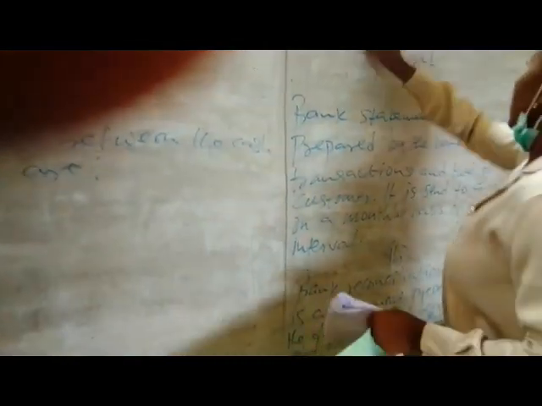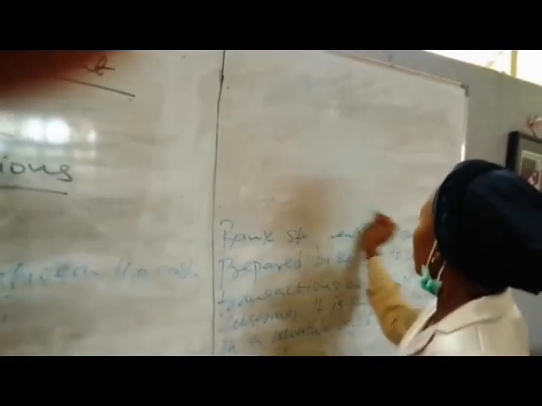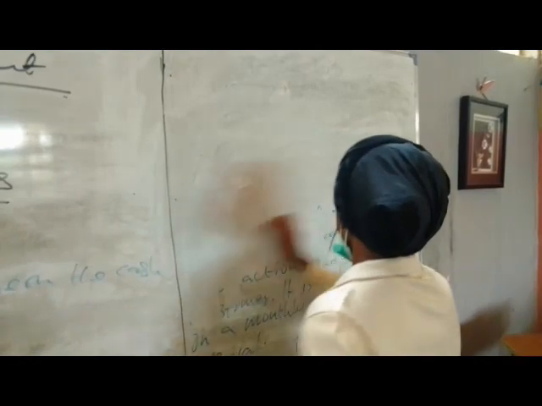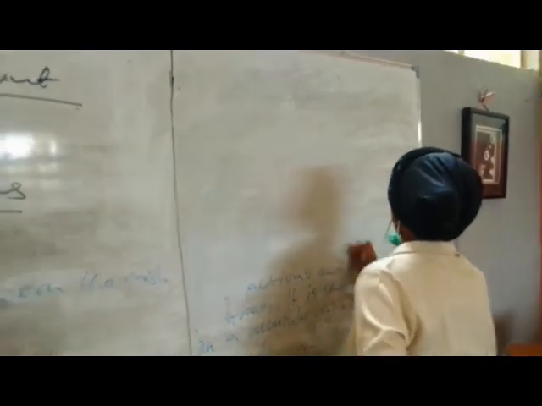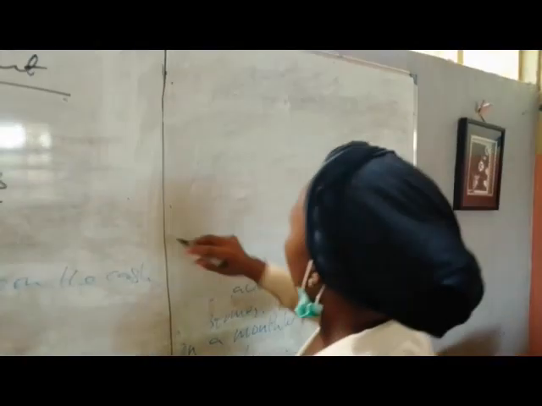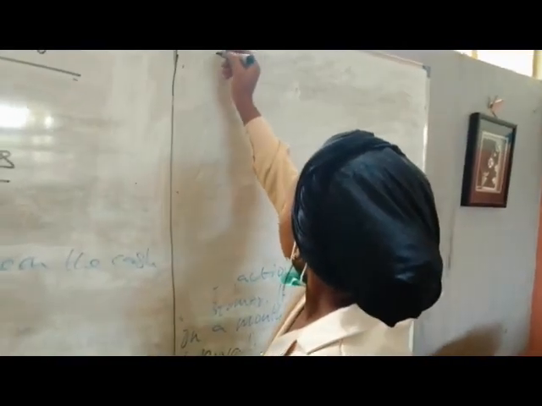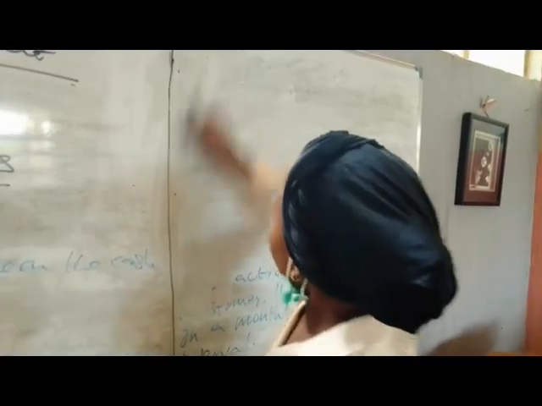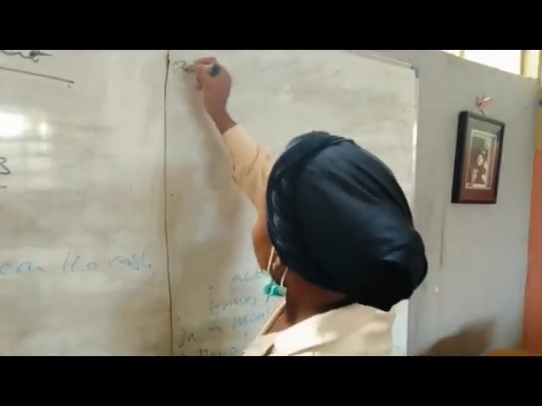First, we have the profitability ratio, so we have to look for ratios that fall under profitability ratio.